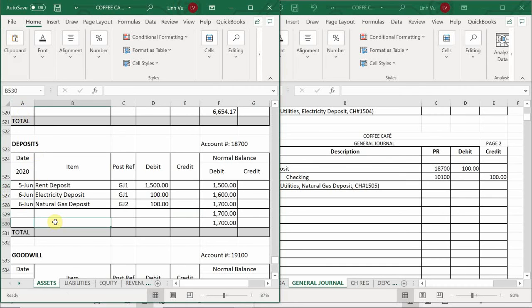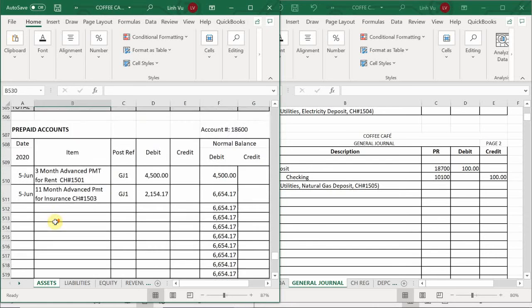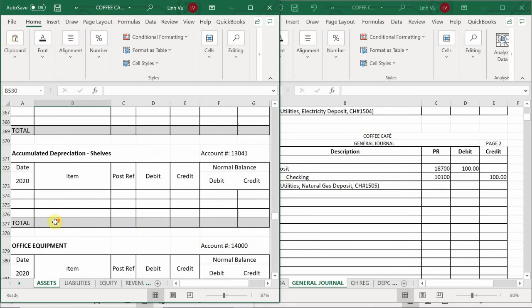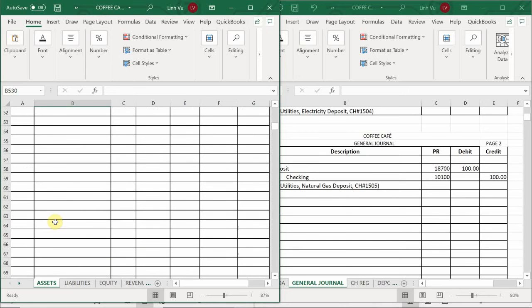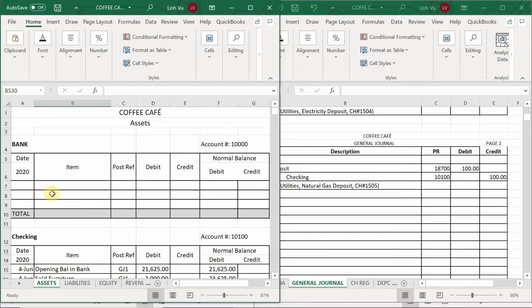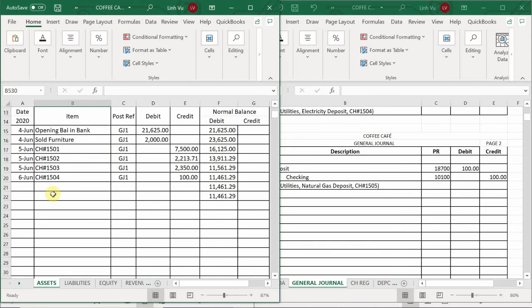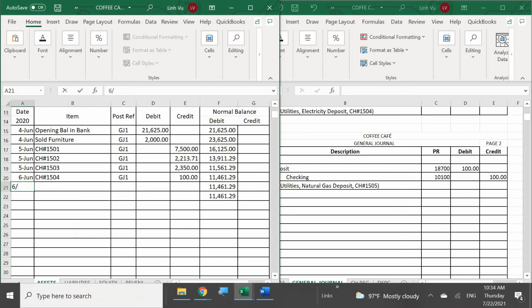Then last but not least, I need to go all the way up to the top of my checking account because now I wrote out another check for $100. So I'm decreasing my account once again by $100.